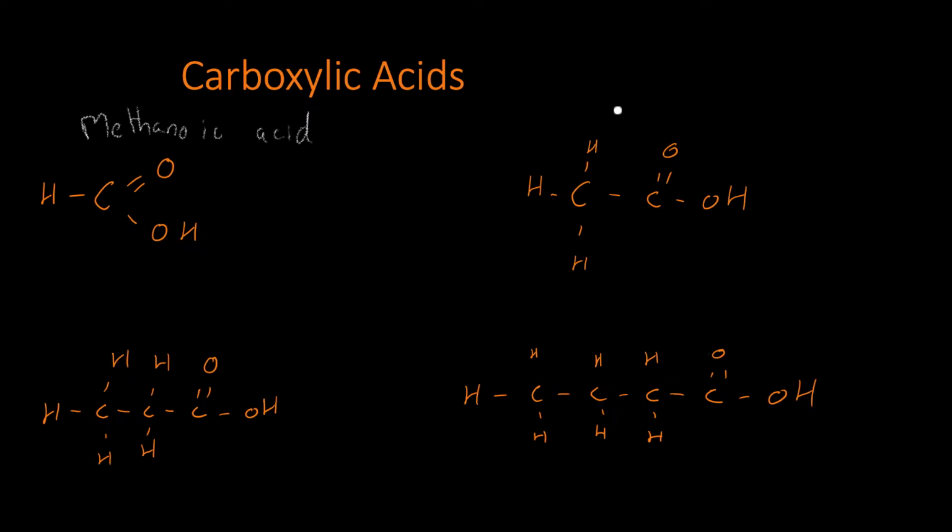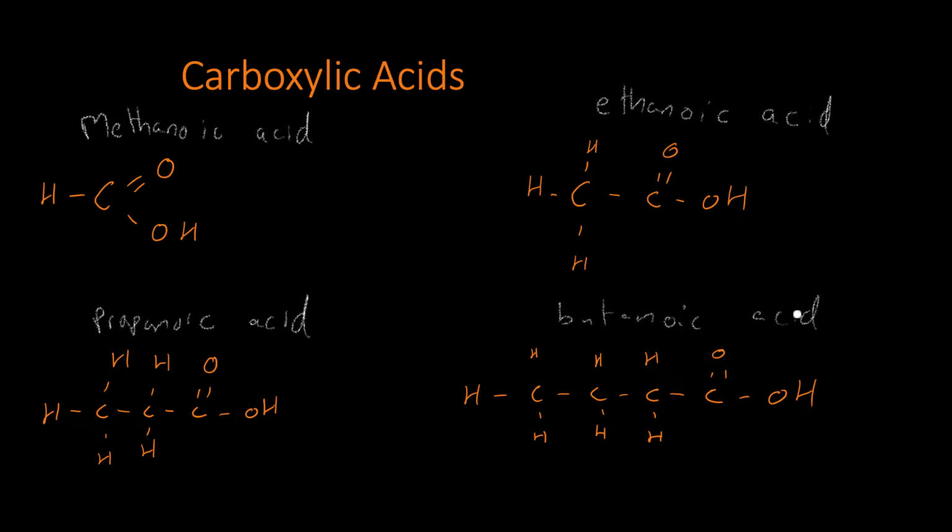So this one here with 2 carbons is ethanoic acid. You can obviously guess the next one: 3 carbons makes propanoic acid, and the 4th one is but, so butanoic acid. All right, perfect. And that is the structure of them.